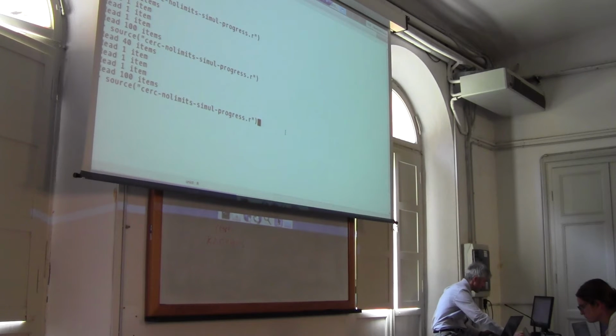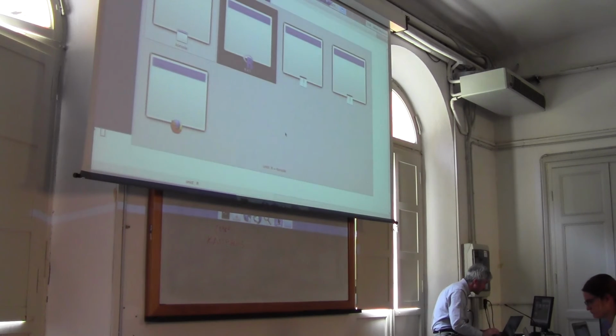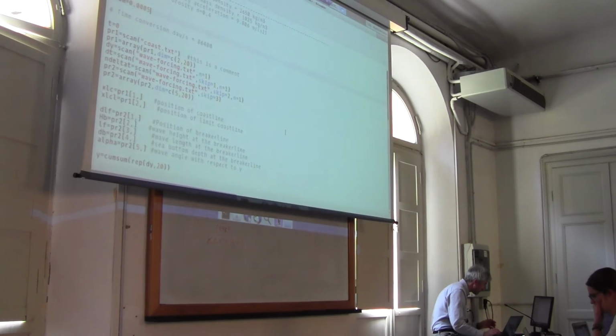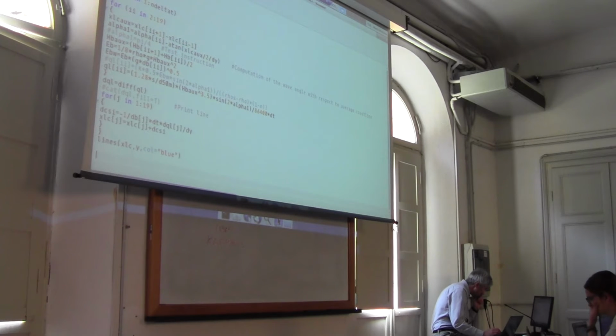I'm curious to see what happens. In this case, there is no change. I wonder whether I made a mistake. Let me see. Yeah, it means that there is a very small sediment transport. And I want just to check if I didn't make any mistake. It seems not.